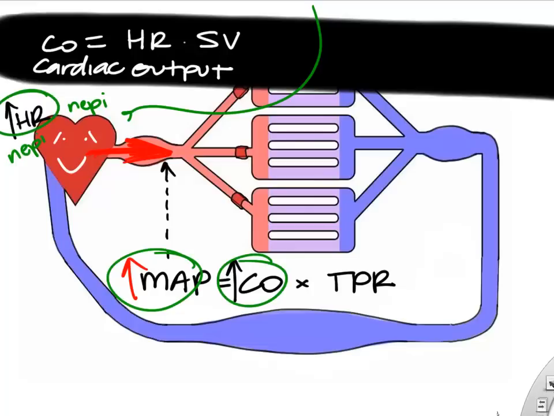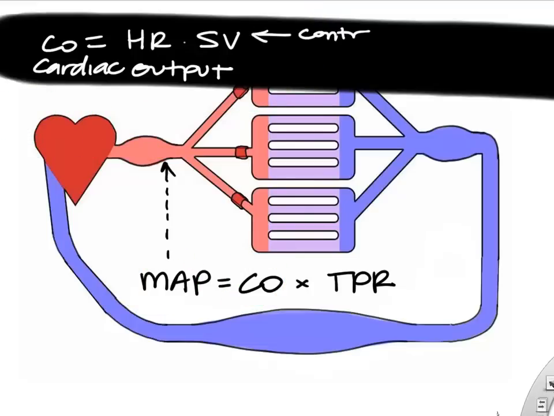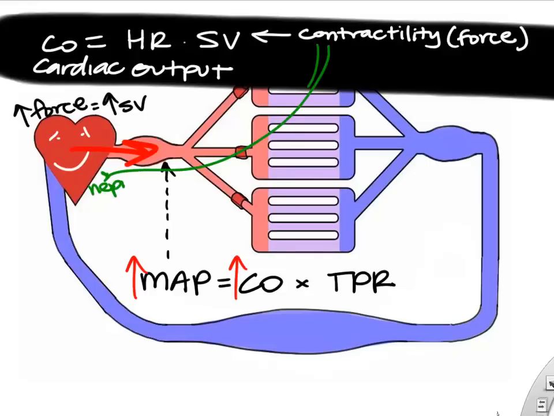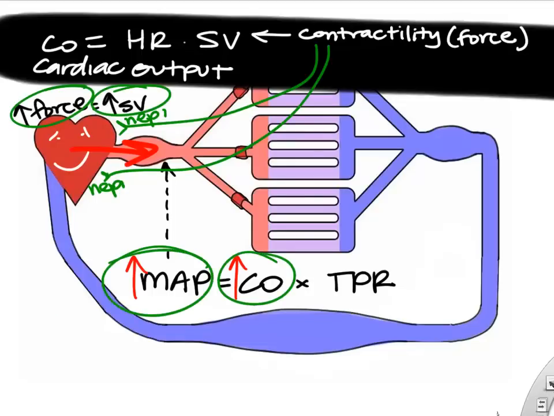And we can do that by activating our sympathetic nervous system. Another way we can increase cardiac output is simply increasing the force of contraction of those little myocytes in our heart. That will increase the stroke volume with each beat, which will increase cardiac output, pump more blood into those arteries, and increase your mean arterial pressure. Again, we can do that with things like norepinephrine released from our sympathetic neurons.